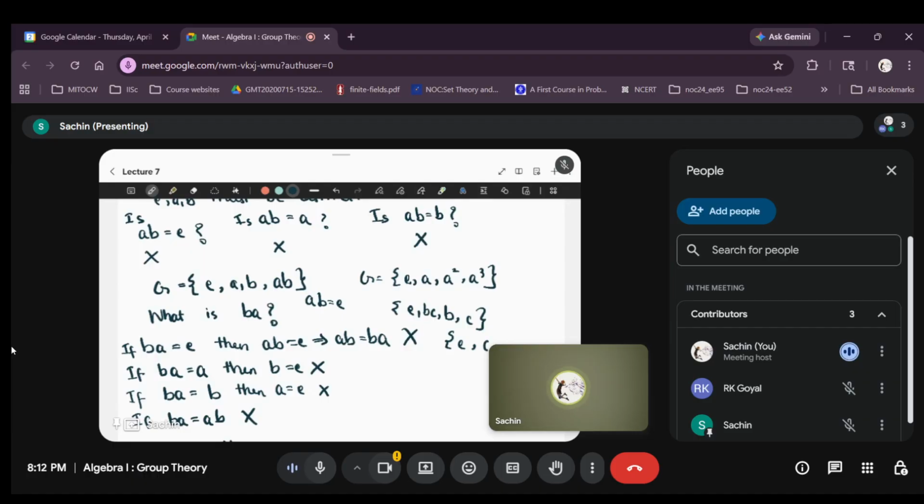You couldn't write it as a group with A square. That wouldn't make sense. So in that case, if there are only powers of A, it must be A square, A cube. But if there are two distinct elements B and C in the group, then the fourth element must be BC.